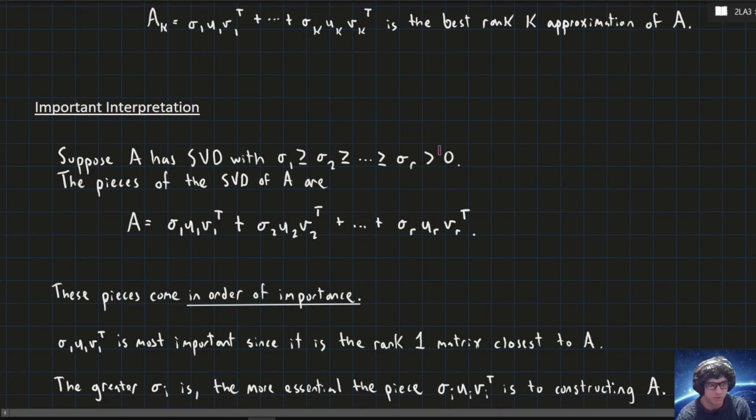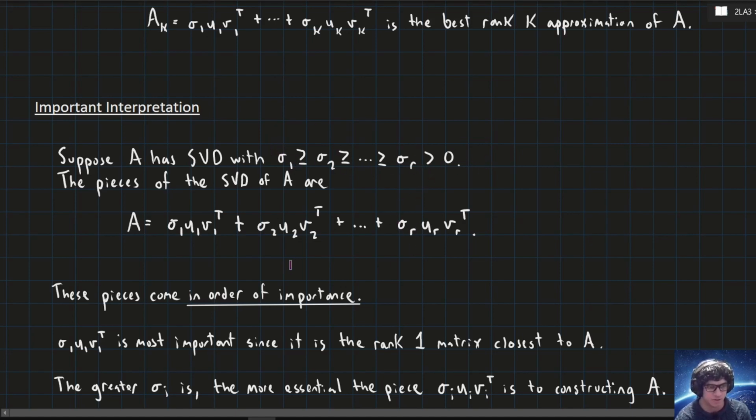Now we'll state this important interpretation of what we just said, the low rank approximations from the SVD. Let's suppose A has a singular value decomposition with these singular values, sigma 1 through sigma r, ranked as we usually do.